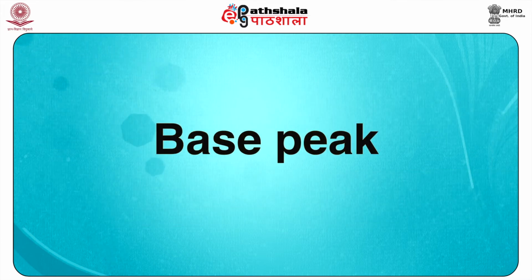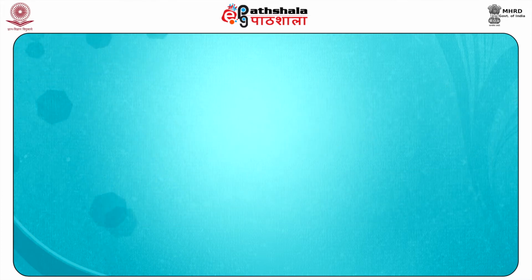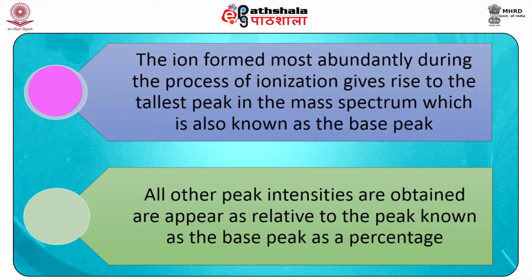Now let us come to the definition of base peak. Students, the ion formed most abundantly during the process of ionization gives rise to the tallest peak in the mass spectrum, which is also known as the base peak. All other peak intensities appear relative to the base peak as a percentage.